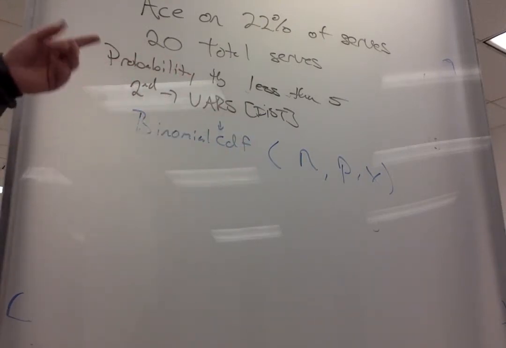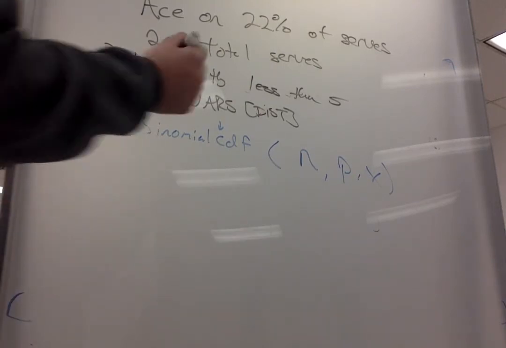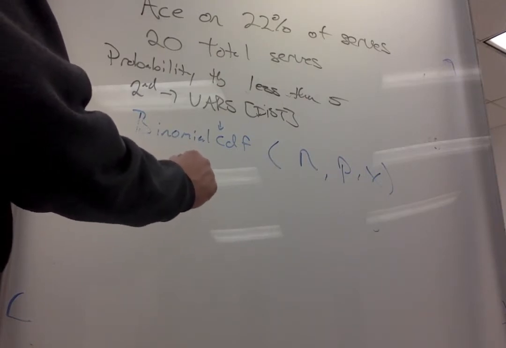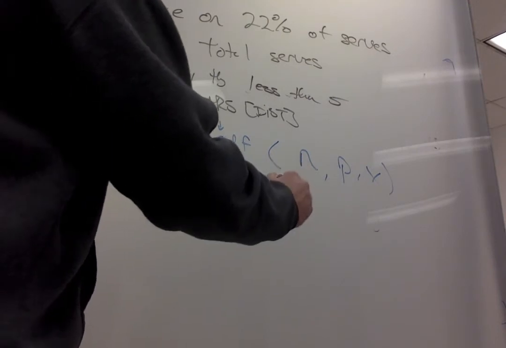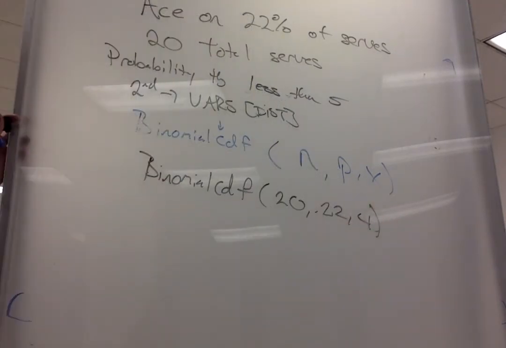Your calculator is going to include the number that you plug in. So we would answer that same question, but with the probability of 4 or less than 5 is 20, 0.22, 4.